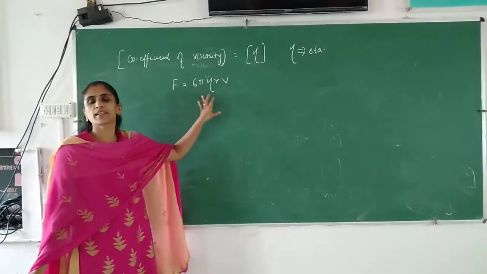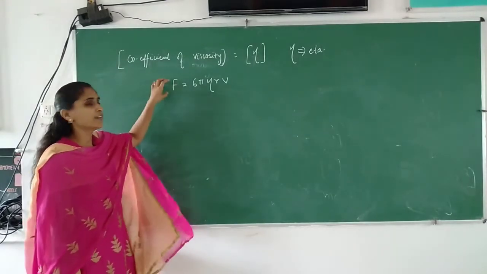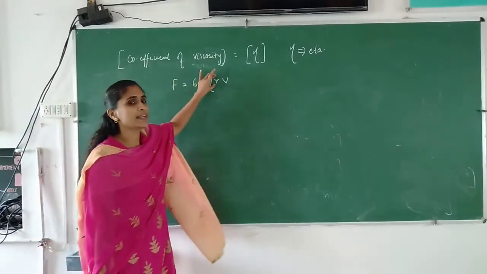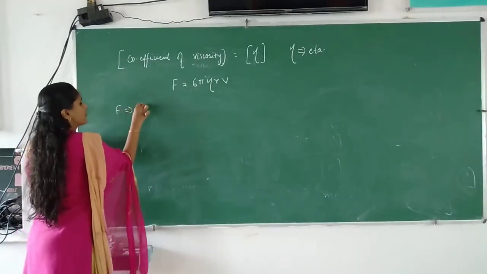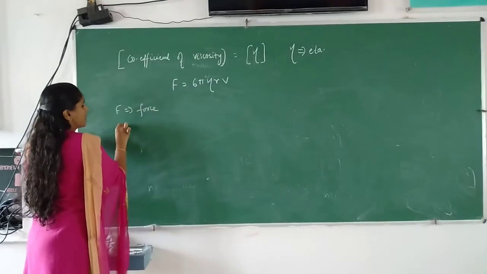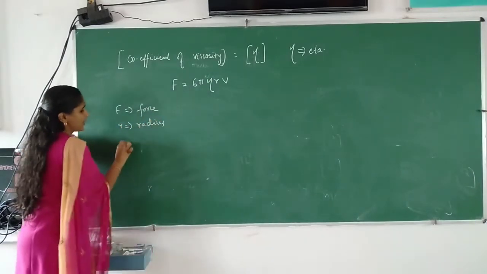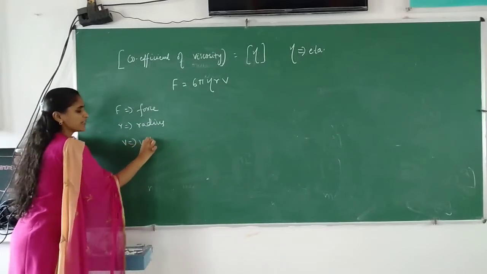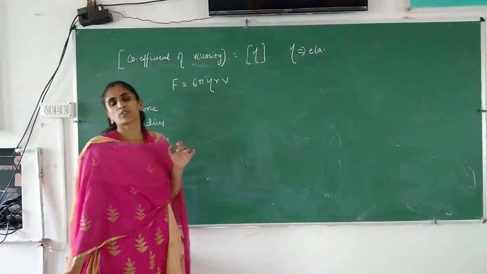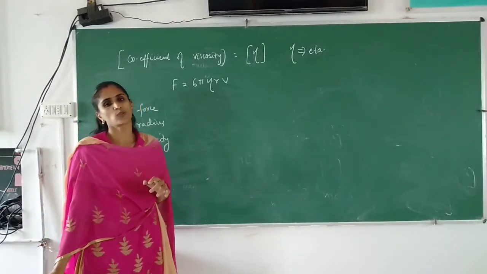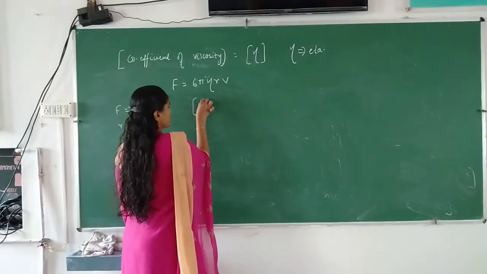From this you have to find the dimension of eta, where F is force, R is the radius of the spherical object, and v is the constant velocity with which it is falling down through the liquid. So from this we have to find the dimension of eta.